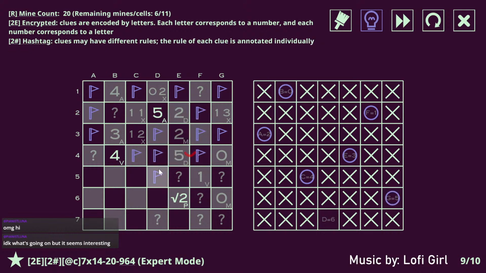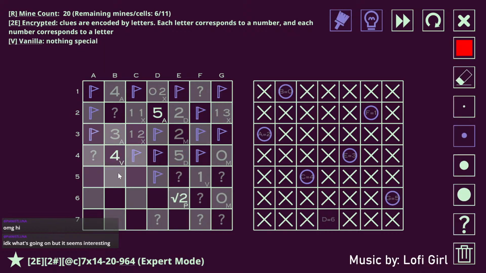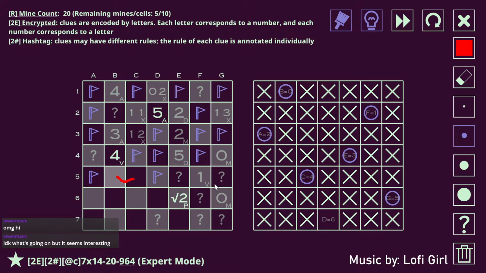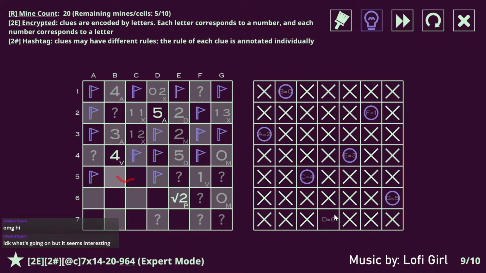So this must see an area of 5. This must see 4 mines total, but it can't be both of these, otherwise the 5 will see an area of 6. So this must be a mine. And then one of these are mines.